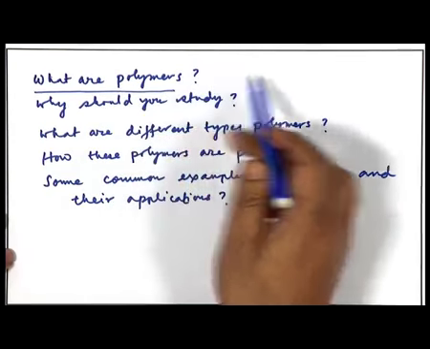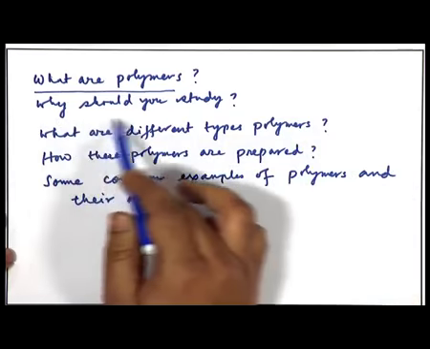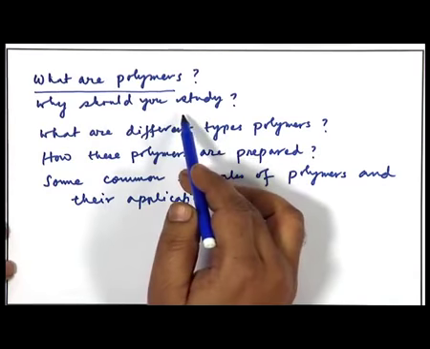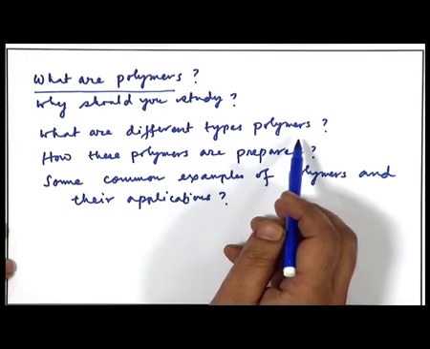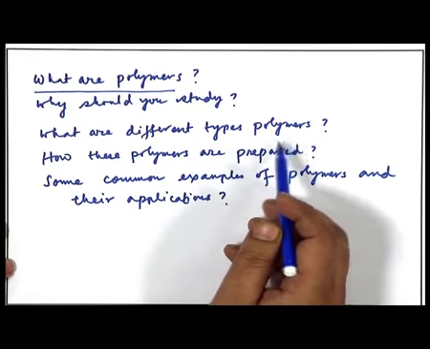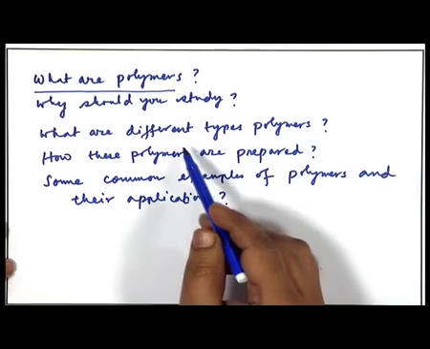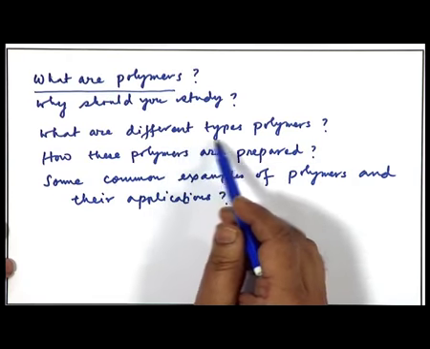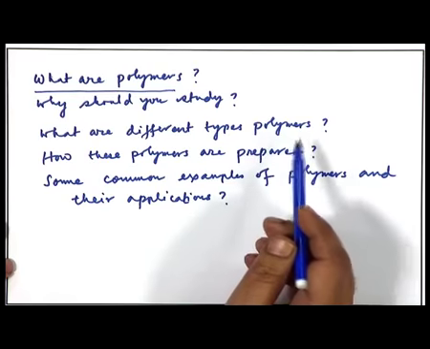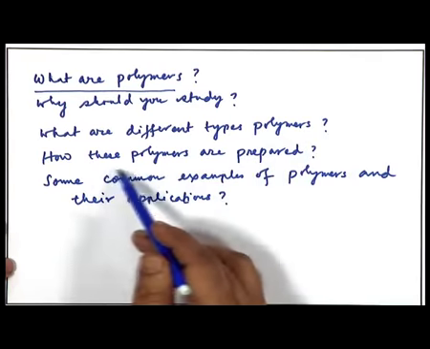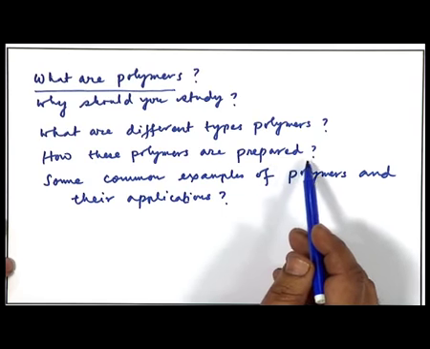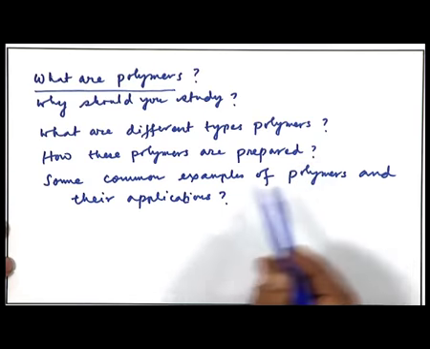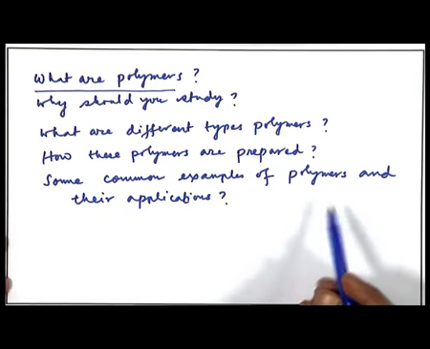We talked about polymers, monomers, repeating units, and why you should study polymers. We talked about different polymerization types, different types of polymers, natural polymers, synthetic polymers, and branched, linear, cross-linked polymers, and other types. And we talked about how you prepare them: condensation, addition reactions, chain growth and step growth mechanisms. We gave you some common examples of polymers and their applications.